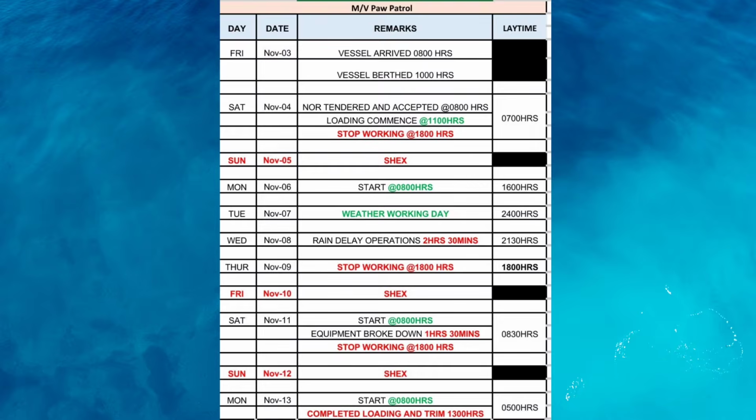Usually, if the question did not state that there was any interruption on the days that were not mentioned, we treat that day as a weather working day, which consists of 24 hours.